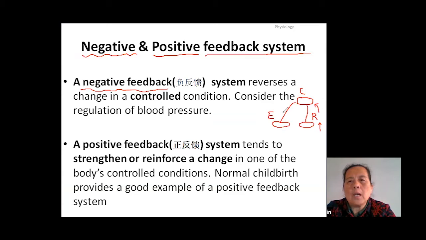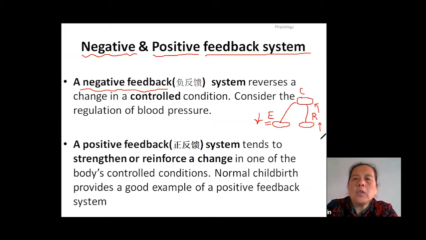The control center sends it to the effector part, which decreases the original condition. Like when the temperature gets higher, they try to reduce it. When the temperature is low, they try to increase it. And the same thing for blood pressure.